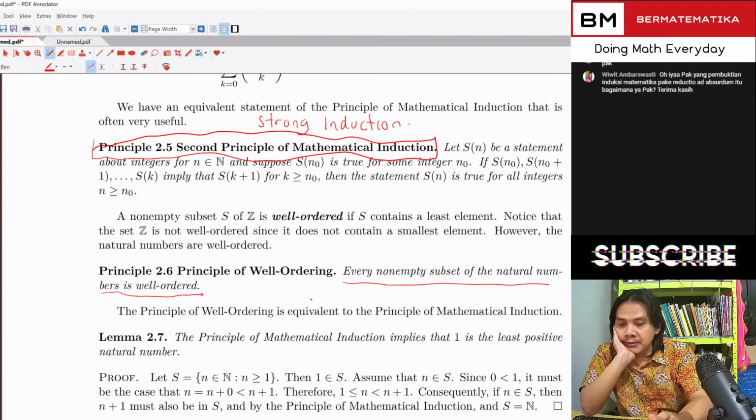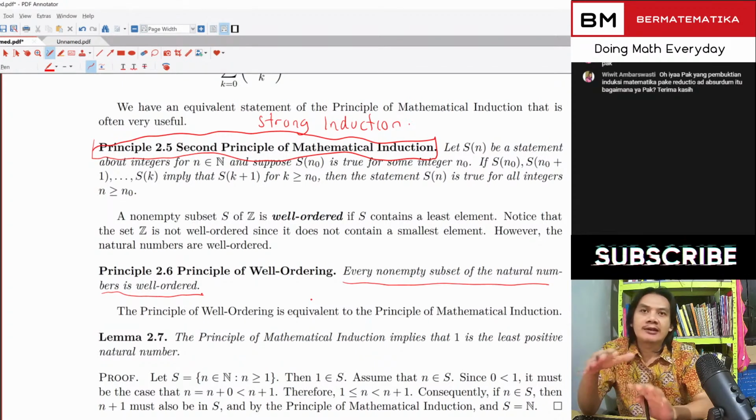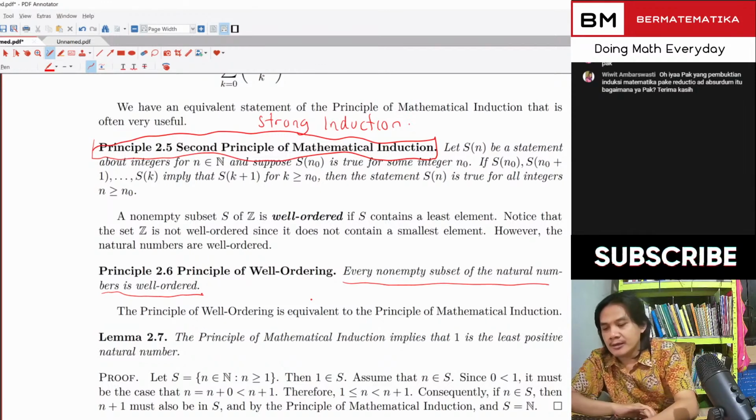So for us, let's just take both of them, right? If you are interested in finding out the relationship between the two results, you can try showing that the two are indeed equivalent. So what I'm trying to say is that this theorem and induction are equivalent.